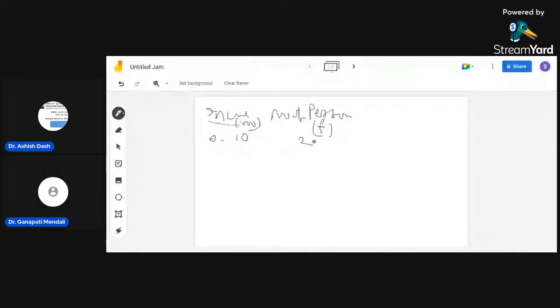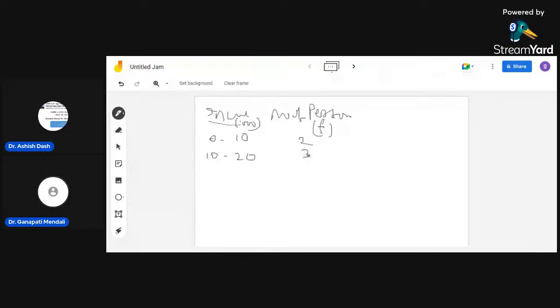Below 20 means 10 to 20 thousand. How many people? 300 people.